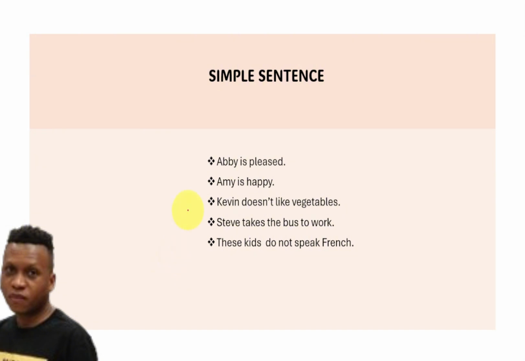For example, the way I put them here: Abby is pleased. Amy is happy. Kevin doesn't like vegetables. Steve takes the bus to work.